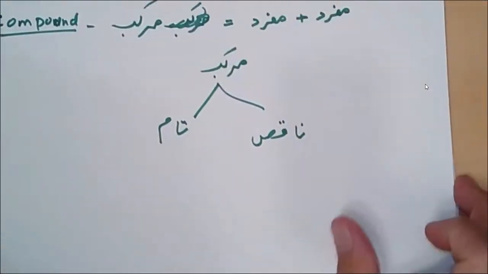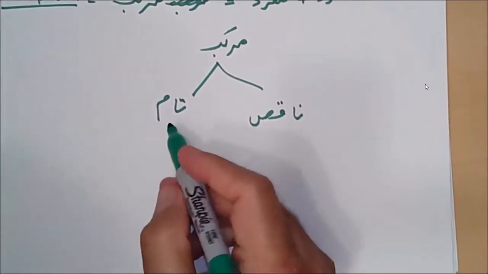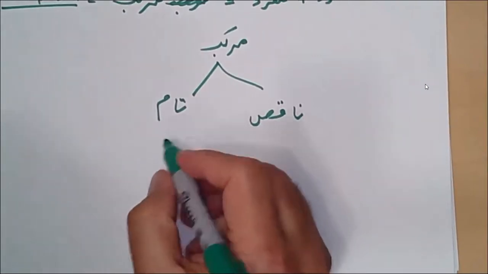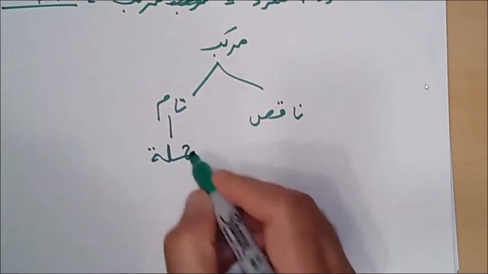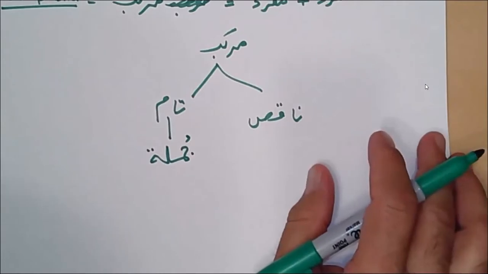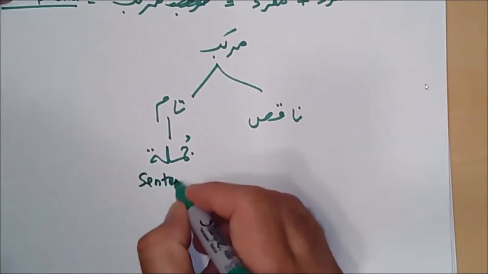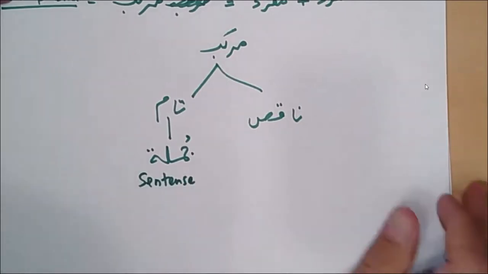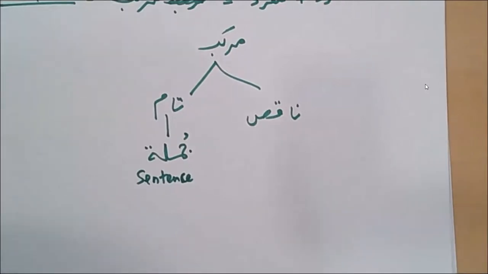So what is the difference between the naqis and tam? Murakkab tam is also known as a jumla. In English, jumla means a sentence, right? Today I'm having a hard time writing my English.